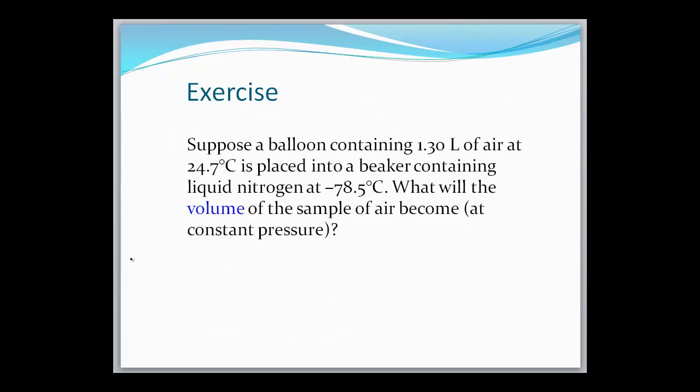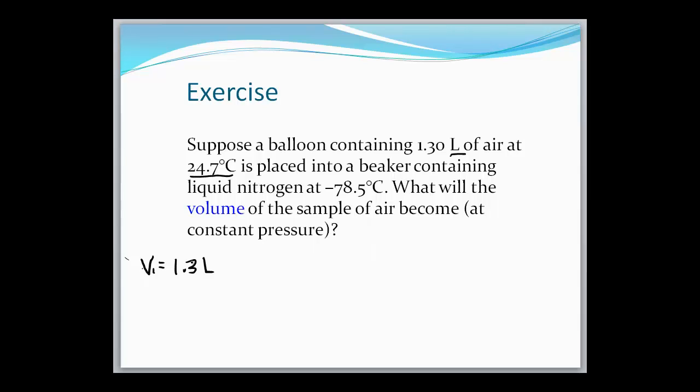So let's go through and solve a couple problems the same way we did with Boyle's law. Let's take a look at this one. We've got a balloon containing 1.3 liters. And again, what you'll see me do is write these units as they appear in the problem. So since liters is a unit of volume, I'll say V1 is equal to 1.3 liters.